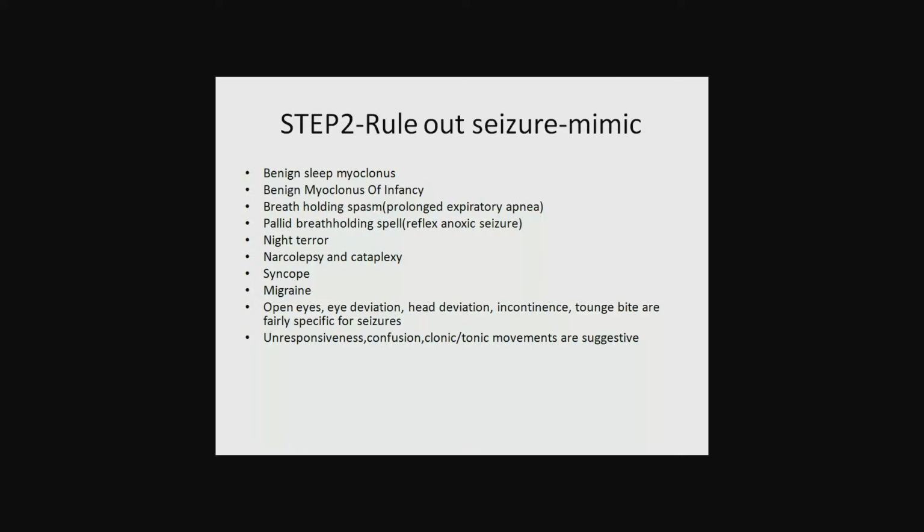So this is called benign sleep myoclonus. Okay, so in this, the patient gets sudden jerks which last for a fraction of a second during sleep, and otherwise the patient is neurologically normal, so it's not a seizure. Then this myoclonus may occur during the awake state, but the patient is neurologically normal, EEG is normal, then this is not a seizure.